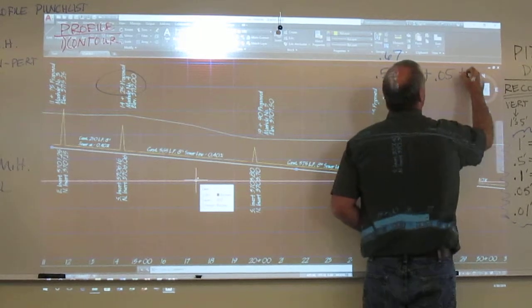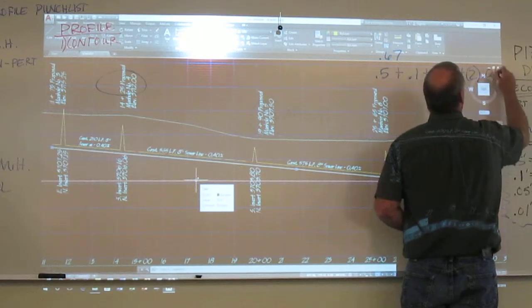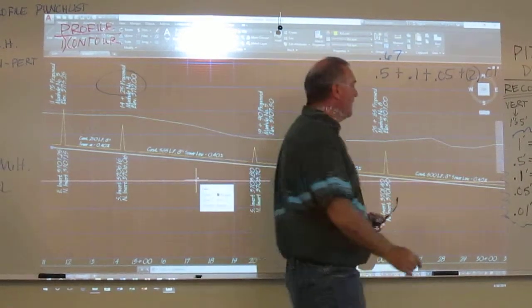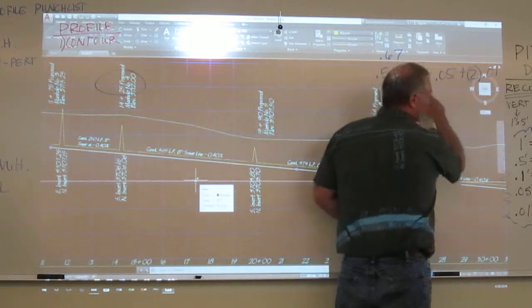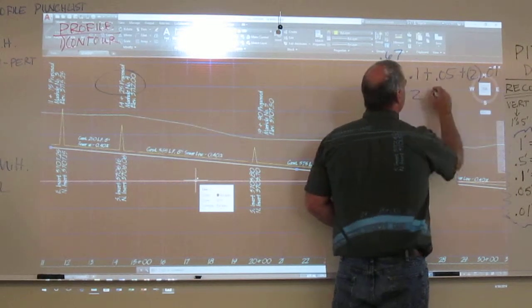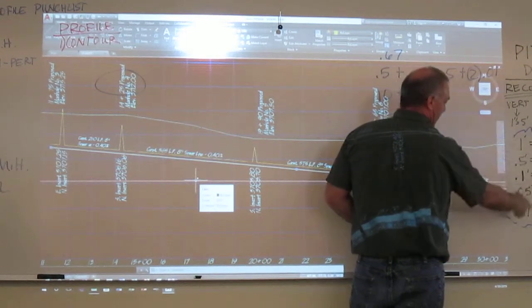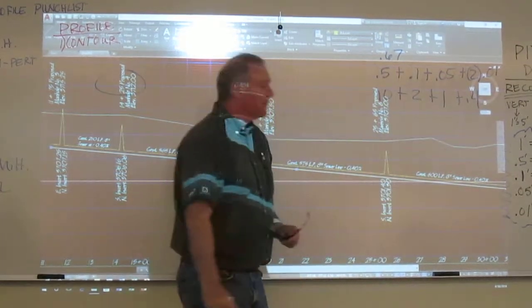Then you just substitute in the values, right? 0.5 is 10, plus 0.1 is 2, 0.05 is 1, that's 2 times 0.2 plus 0.4. My offset distance is 13.4.